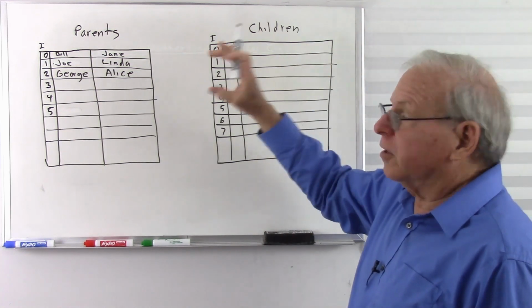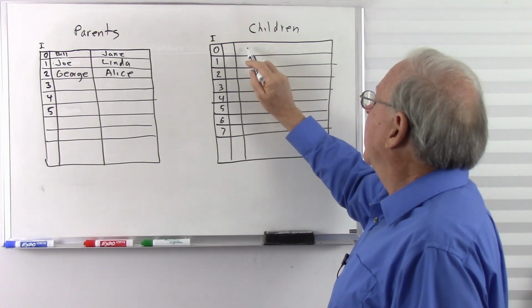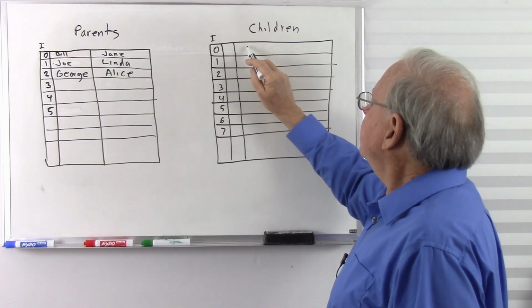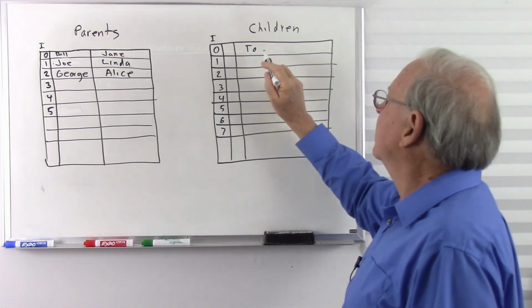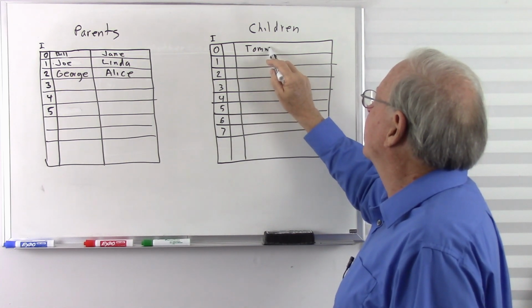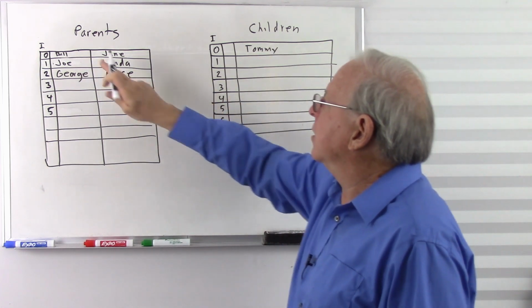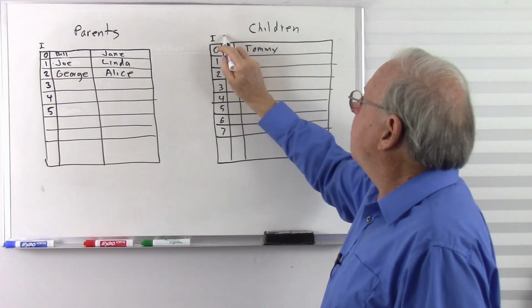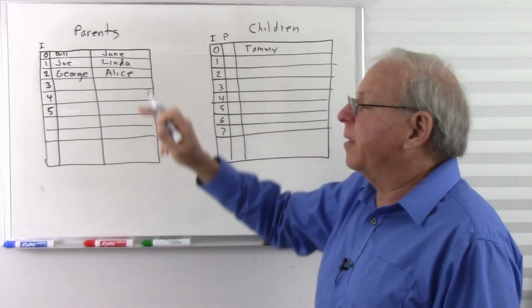So we start building up the children table, and we find out that Bill and Jane have one child named, let's call that Tom. Let's call the children with a name that identifies them as children, just to help us keep track of this. So there's Tommy, and he is a child of Bill and Jane. So what we do here, we have a parents column, and how do I link this row back to the parents?